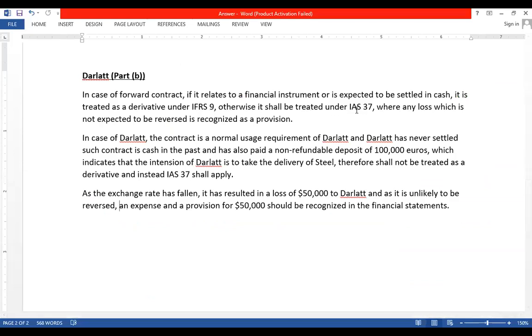You people can take the snapshot of the answer quickly. Yes, Abdullah, in that case, we are going to record at the present value, if it is going to be settled in multiple years.